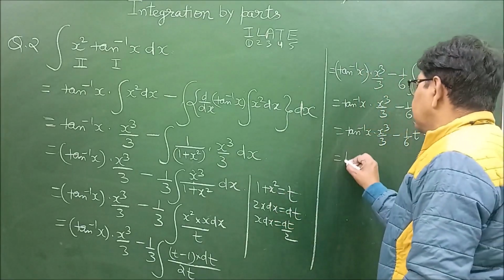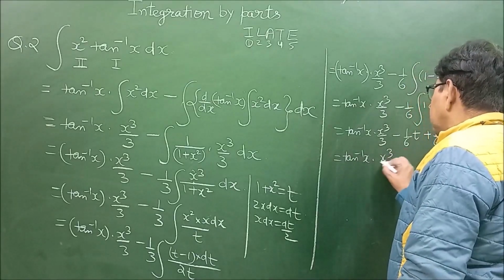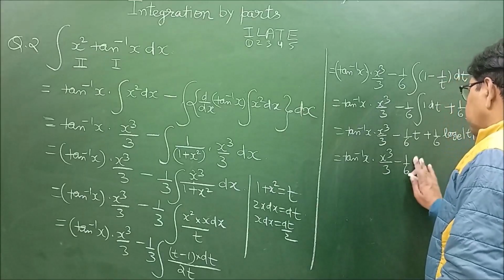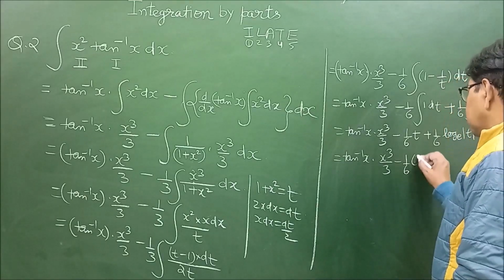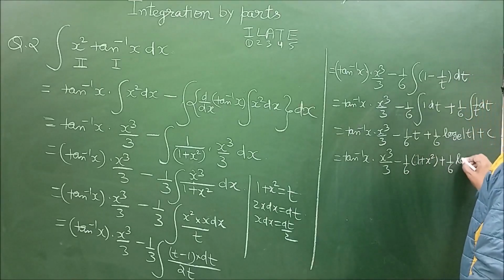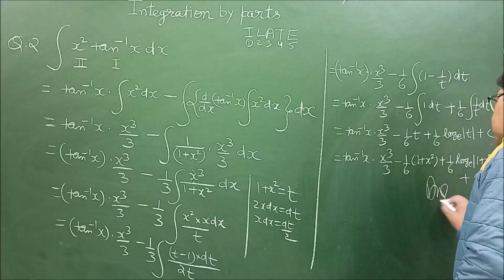So this is equal to tan inverse x into x cube upon 3 minus 1 upon 6 into 1 plus x square plus 1 by 6 log of mod 1 plus x square plus c. So this is the final answer of this question.